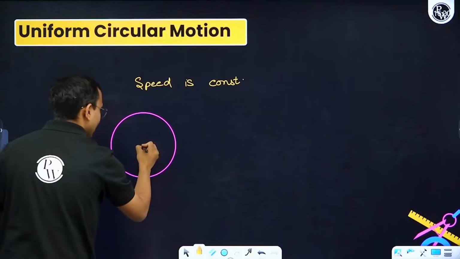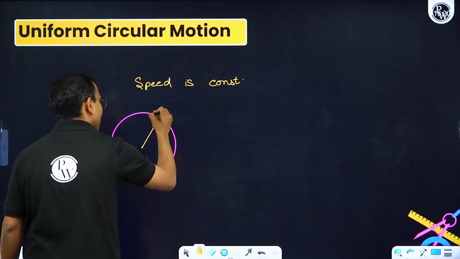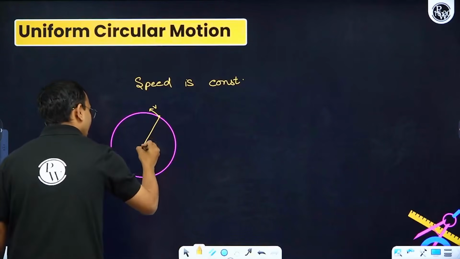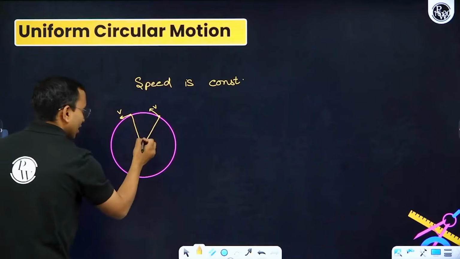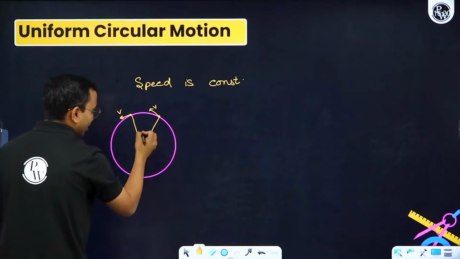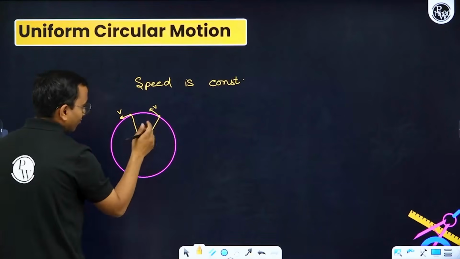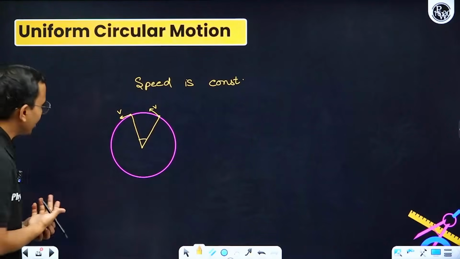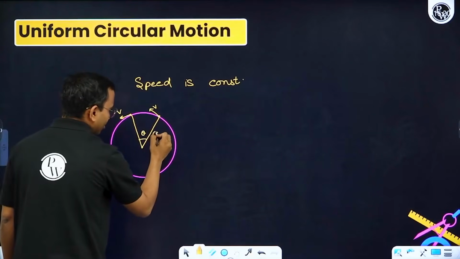Okay, let us take the particle was here, moving with some velocity v. It went here. Here velocity is v, covering some angle. Let us take this angle as d theta, which I am considering to be small.